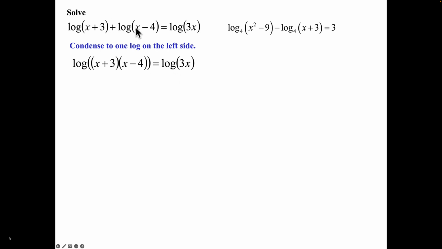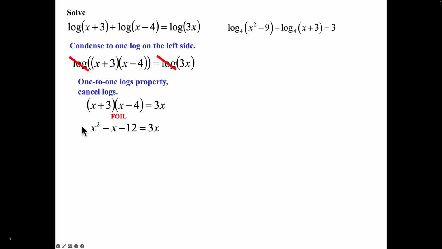So adding multiplies the 2 arguments inside of 1 log base 10. Now this is a 1-to-1 log property, so I'm going to have to FOIL this out and get it set equal to 3x and then set it equal to 0 to solve. So once I FOIL it out, I get x squared minus x minus 12 equals 3x.